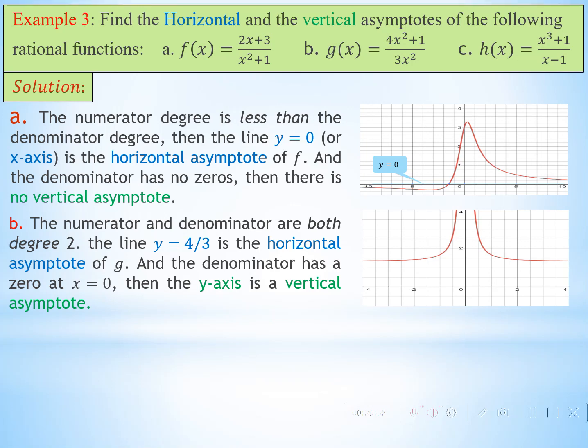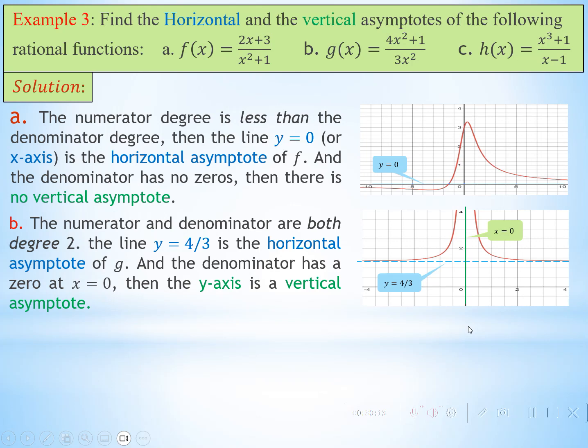So there is a horizontal asymptote at y equals 4 over 3. Make it blue. And x equals 0, the y-axis, I make it green, is a vertical asymptote.